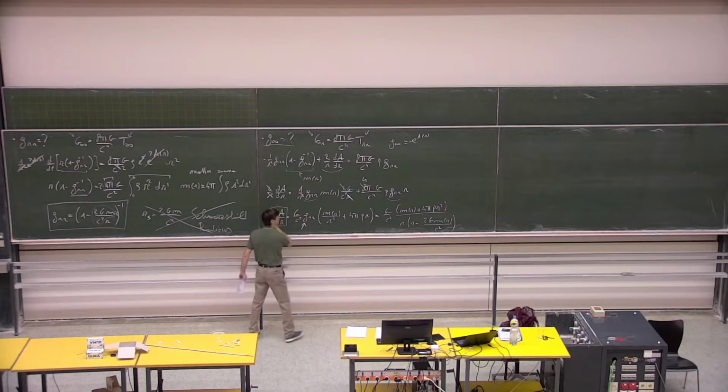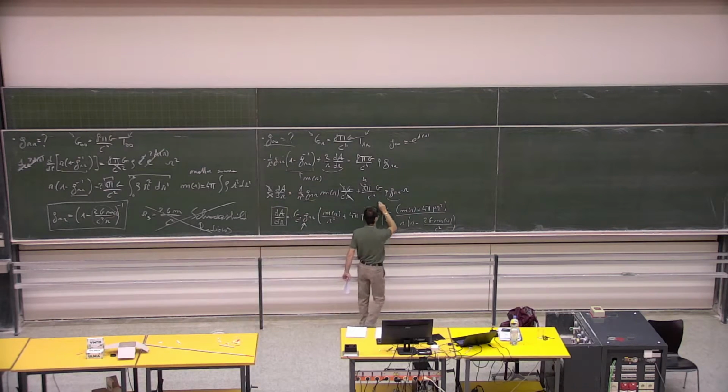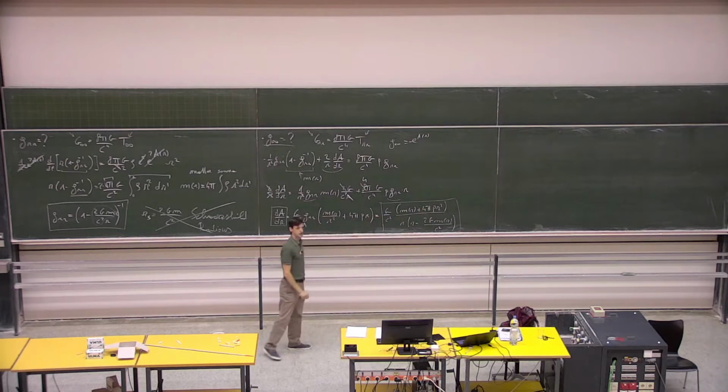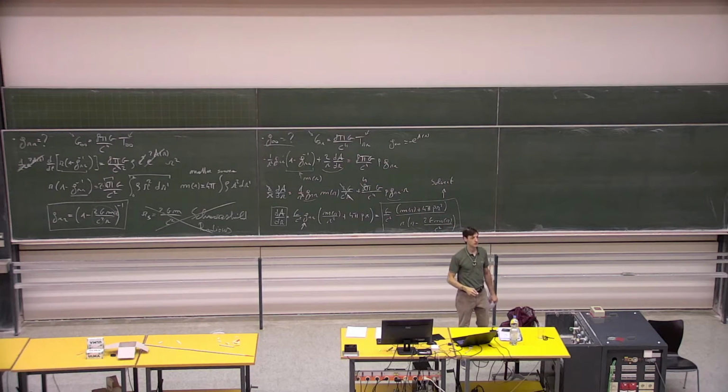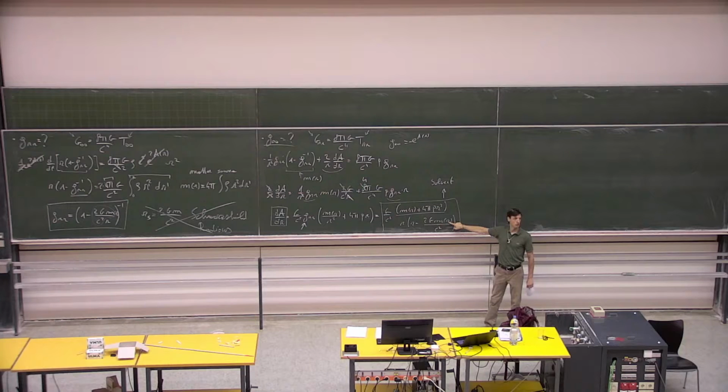Now we have an equation that expresses A, that you can solve. How? You cannot get an explicit expression now, because we don't know what is the matter distribution of our object.